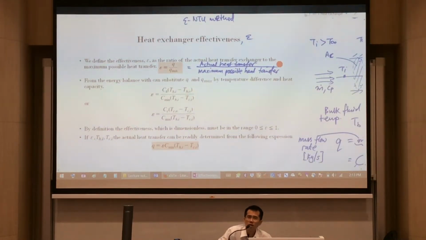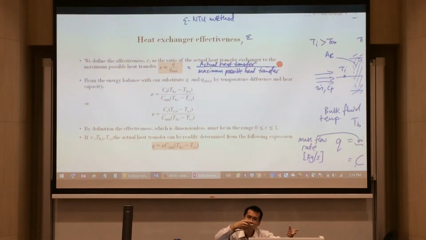Now, if you take a step back and have a look, it kind of makes sense. Your heat exchanger would have a maximum possible heat transfer. And a heat exchanger is all about exchanging heat. When you have a hot fluid, it will exchange heat with a cold fluid.